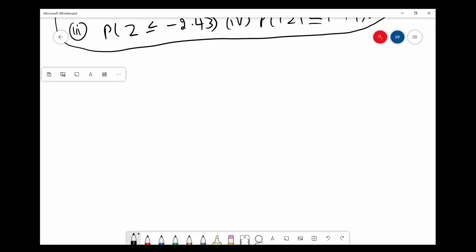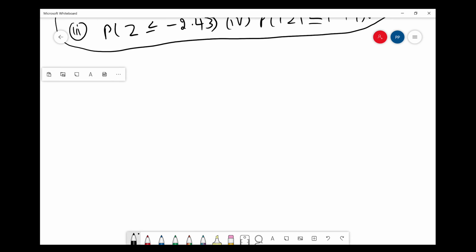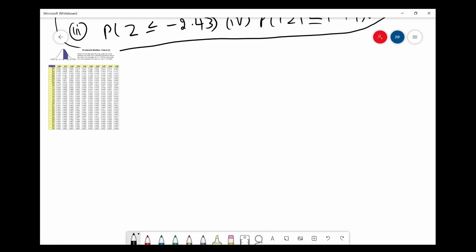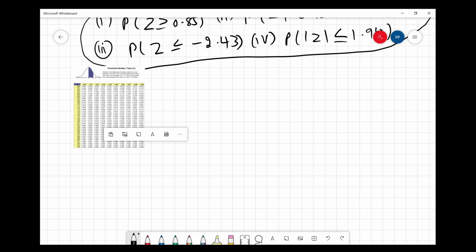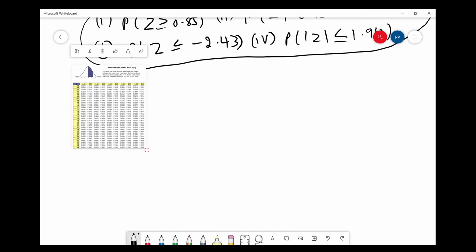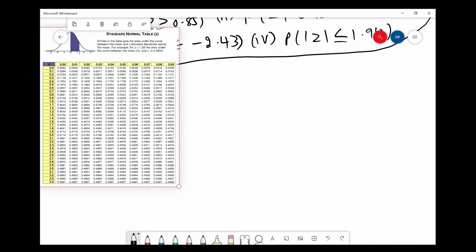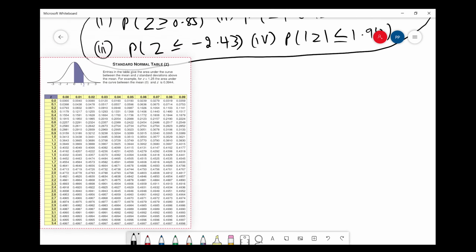Instead of going back to the previous video, we consider the table. The table is this one, which I am enlarging because you can't see it well. I think now you can see this portion.